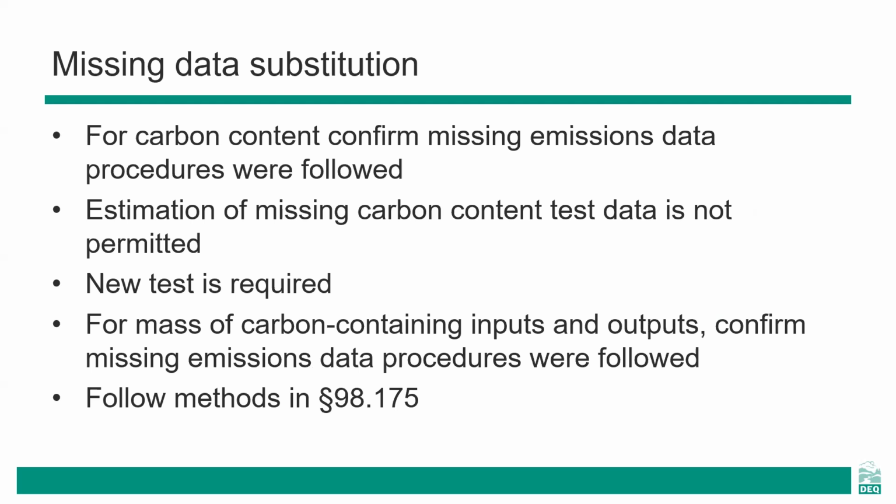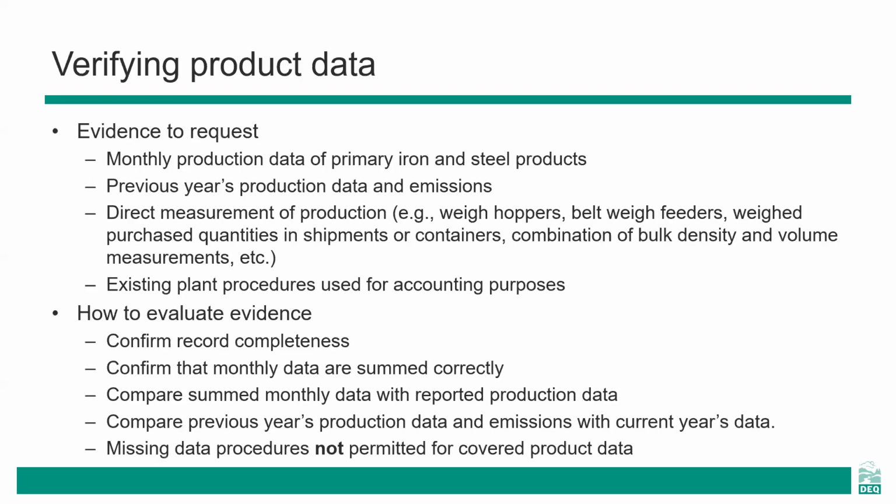Missing mass data for inputs and outputs can be replaced using either best available data or maximum throughput data depending upon the amount of missing data, as described in 40 CFR 98.175. All input and output data, all calculations, and all monitoring and QA/QC requirements described in 40 CFR 98.174 should be reviewed and verified.